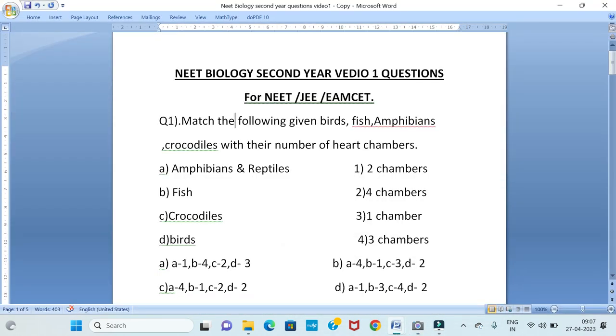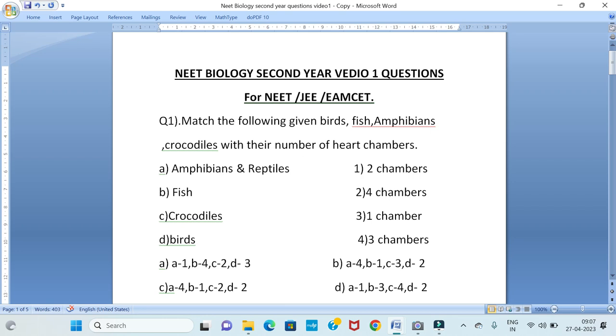The first question is match the following: birds, fish, amphibians. Amphibians means they can live both on land and in water. Crocodiles with their number of heart chambers. Humans contain four heart chambers.